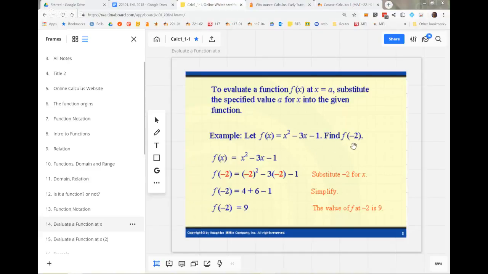So what is f of -2? So -2 replaces x in the f of x. We simply plug in a -2, and we can then do the arithmetic. -2 squared minus 3 times -2 minus 1, and it comes out to 9. So we would say f of -2 is 9.